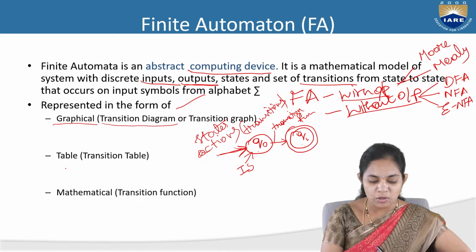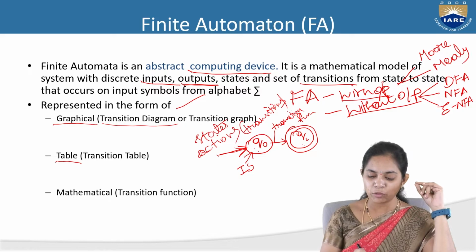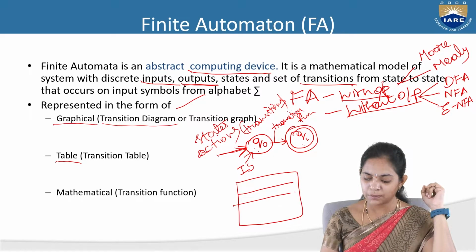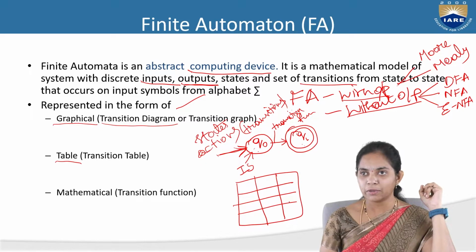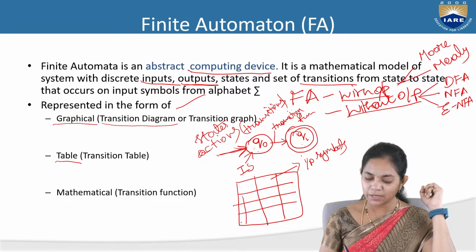Next one is about the table. Here this graph we have to convert into a tabular form. How does the table look? We have rows and columns. The columns represent input symbols, and the rows represent states.